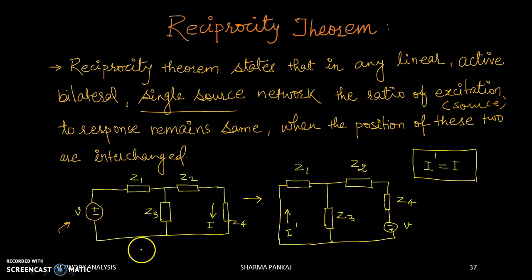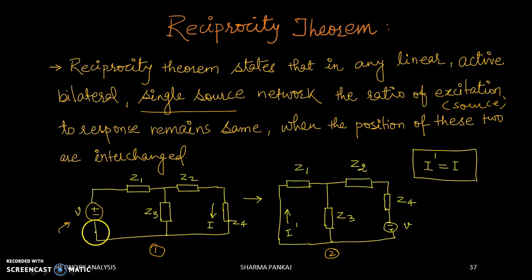See this, these are the two typical circuit diagrams. This is number 1 and this is number 2. What are we going to observe? We are going to observe that in this active linear bilateral single source network, this is the single source, no source other than this voltage V is present in this circuit.